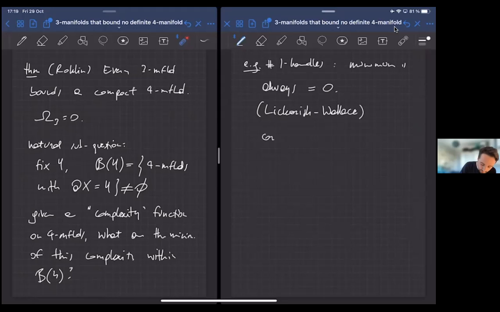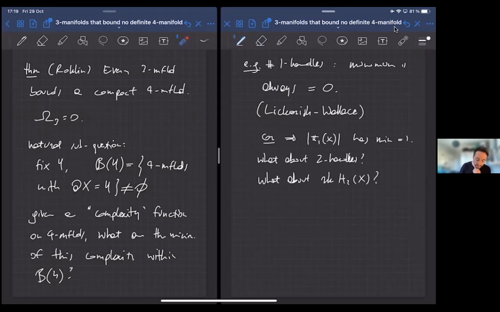As a corollary, of course, this implies that the size of the fundamental group always minimizes at 1. So then you can go higher up and say, well, what about 2 handles? What about the rank of H2 of these 4 manifolds?